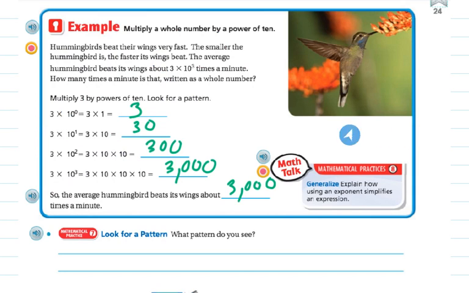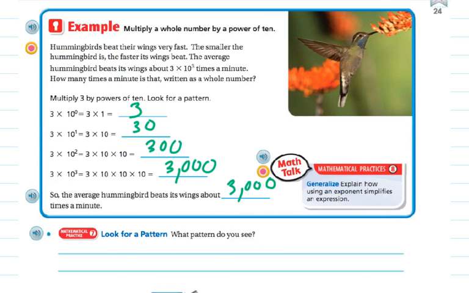So this math practice here, we're going to do this in class, but what it says is, explain how using an exponent simplifies an expression. It also asks us, as part of our mathematical practices today, students, to look for a pattern, and what pattern do we see?